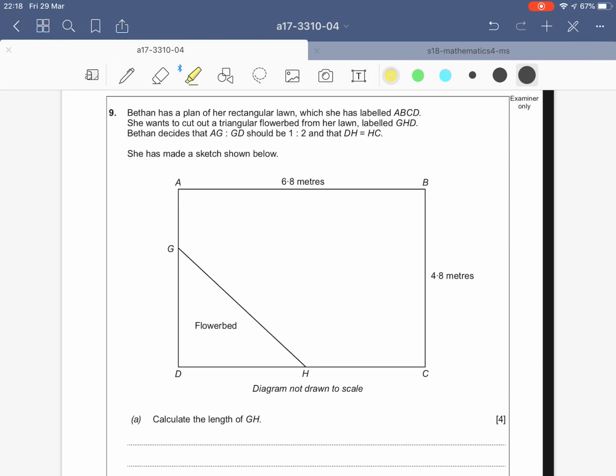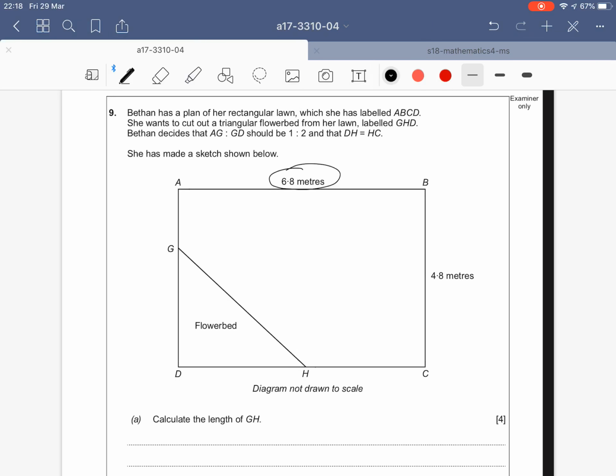So these two lines, A to G, this line's AG, oh no, AG should be 1 to 2. So whatever that is, 1, that is double it. Then she says that DH equals HC. Okay, so these two are the bits that equal. So those are exactly half. And they've got up here.